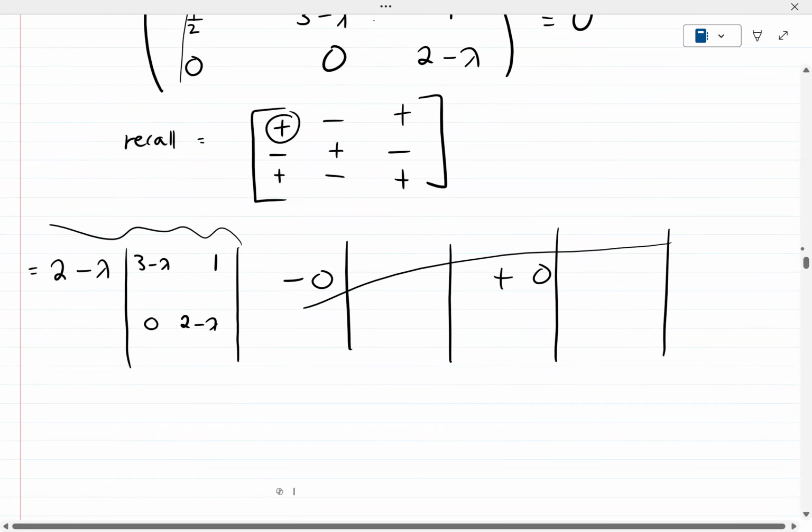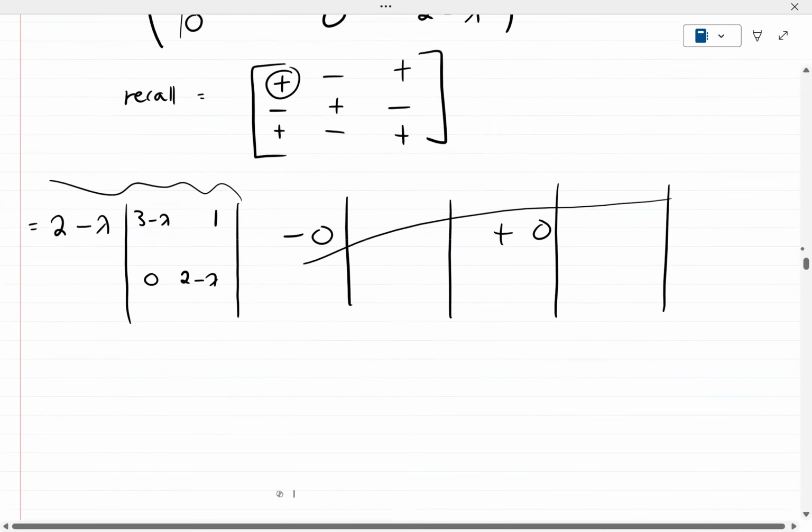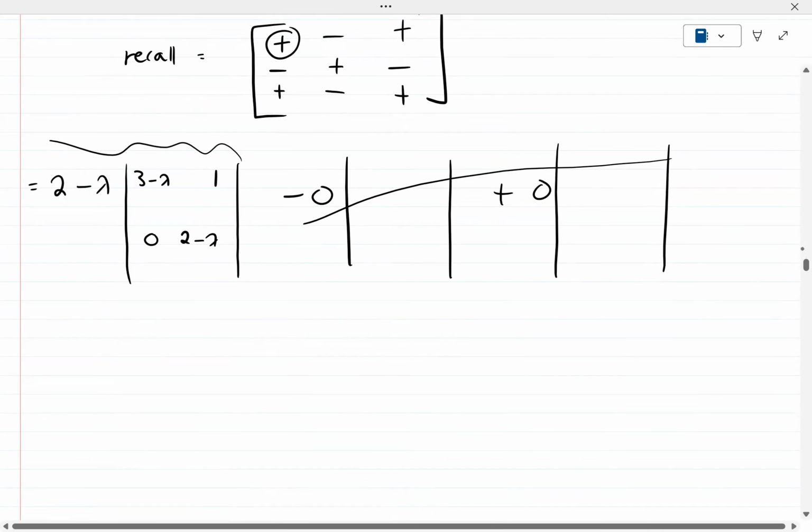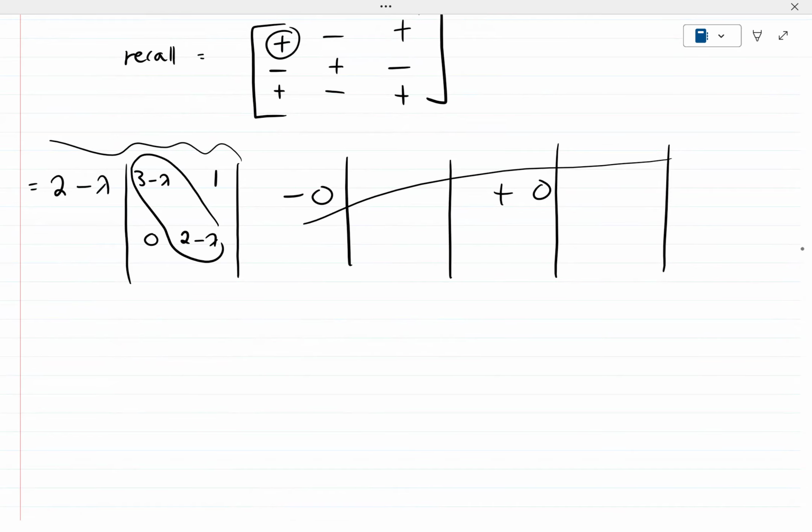Okay, so now it's easy to take the determinant of a 2 by 2. It's going to be set up like 2 minus lambda in brackets, and then 3 minus lambda times 2 minus lambda minus 1 times 0, which is really 0, equals 0.